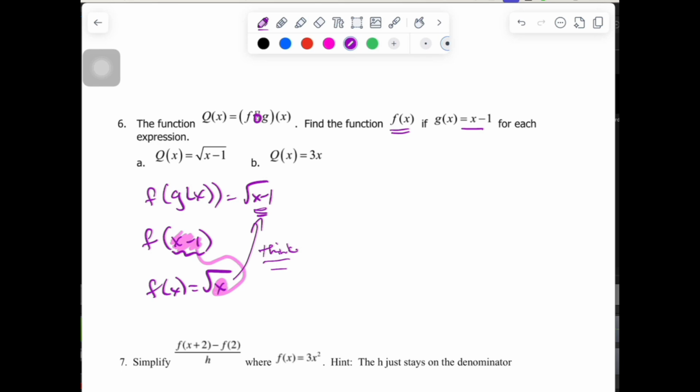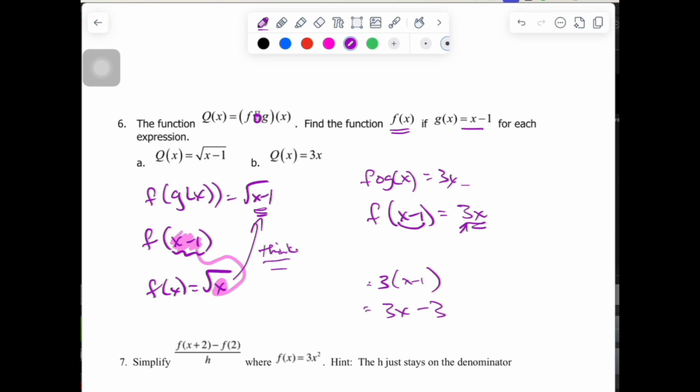This one here, f of g of x, well, it has to be 3x. So I'm going to plug x minus 1 in, and I know I need to get a 3x when I'm done. Well, I know this is going to be substituted in for an x value. But if I expand this out, that's 3x minus 3, and there is no minus 3.